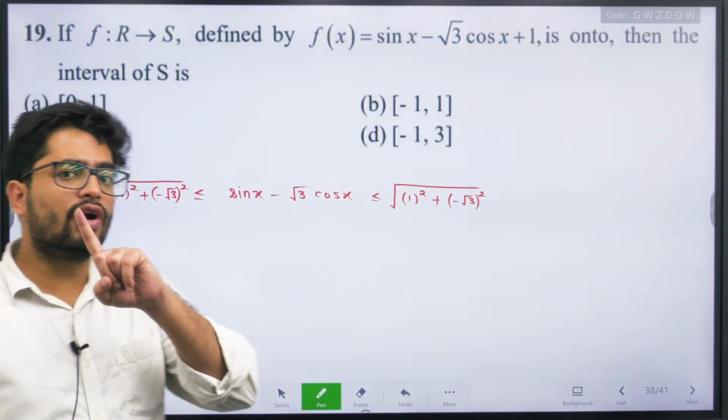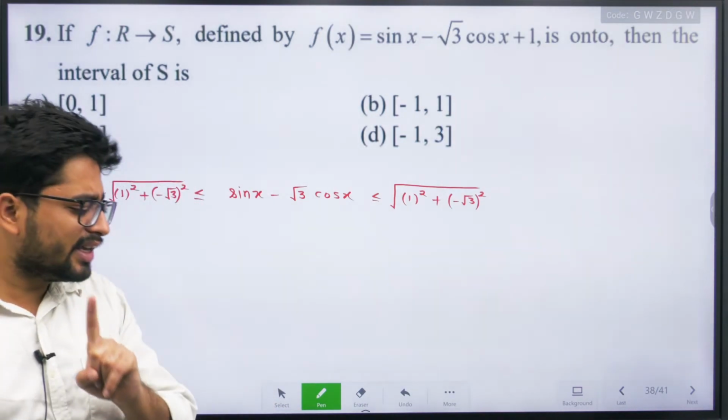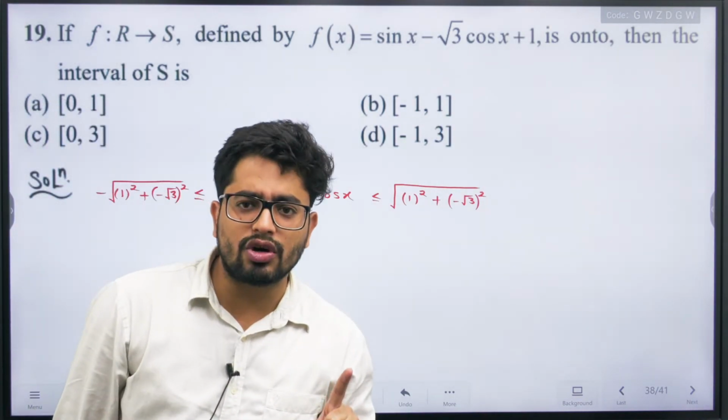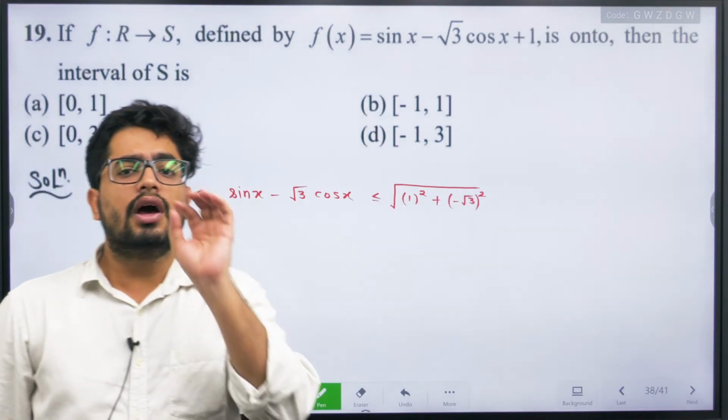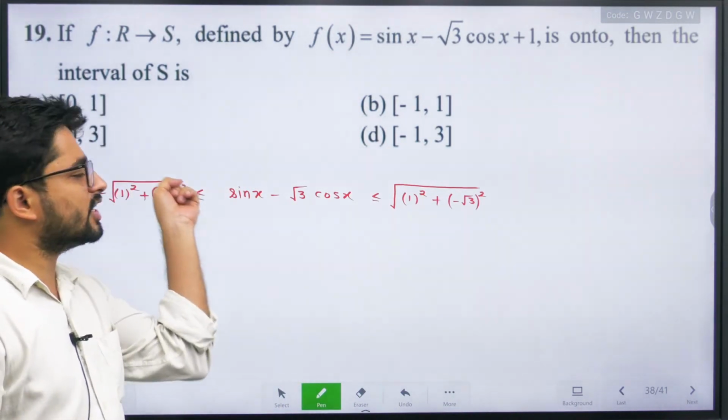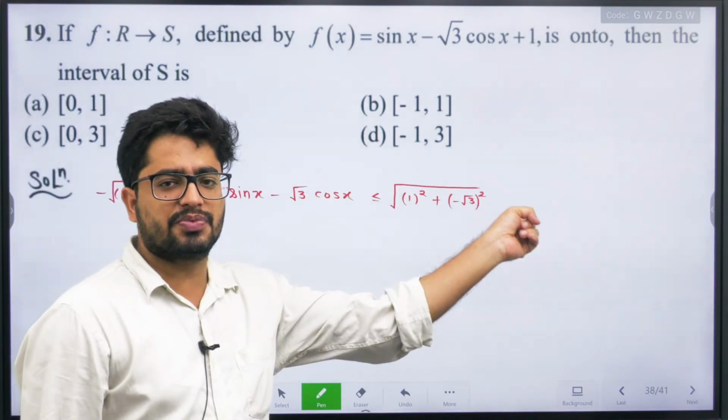Got it? We already know that a sin theta plus b cos theta always lies between minus under root a square plus b square to under root a square plus b square.